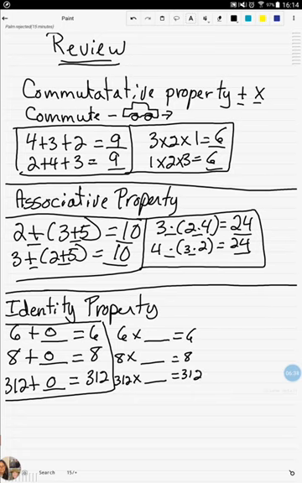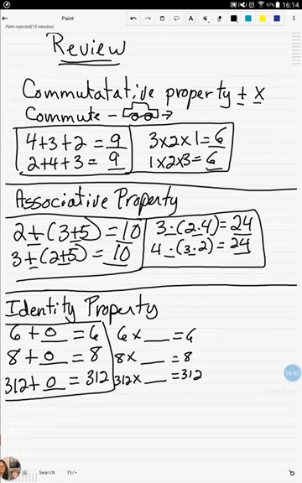Now, when I did addition, it was 0. 6 plus nothing is 6. If I have 6 and I add nothing to it, it's still 6. If I'm multiplying, if I have 6 times 0, and if I have no times 6, I got nothing. I got 0. So it doesn't work.